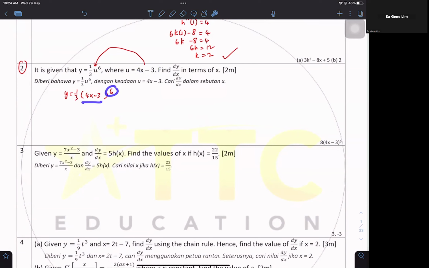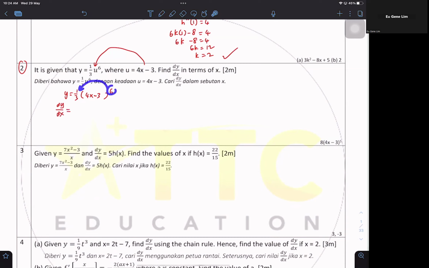The power is too big, I cannot even expand. So I should do chain rule. If you can expand, then you expand. But if you cannot, then no choice, you have to use chain rule.